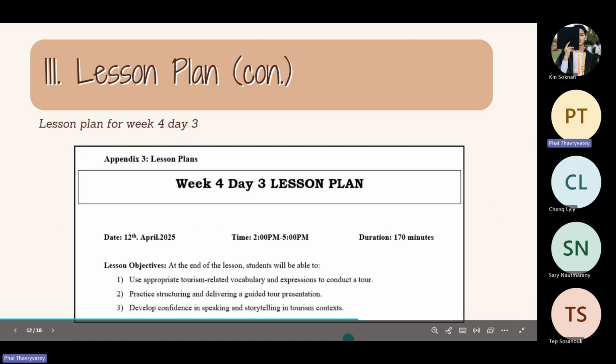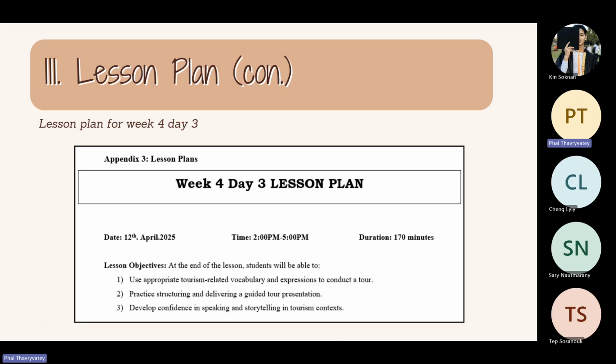So for the continuation of the section of lesson plan, we have another lesson plan which is for week 4 and day 3. This lesson is situated for Tourism Book 3, Unit 10, On a Tour.